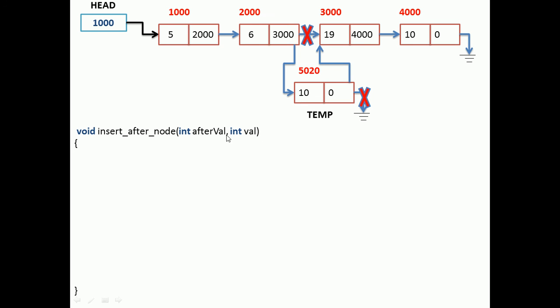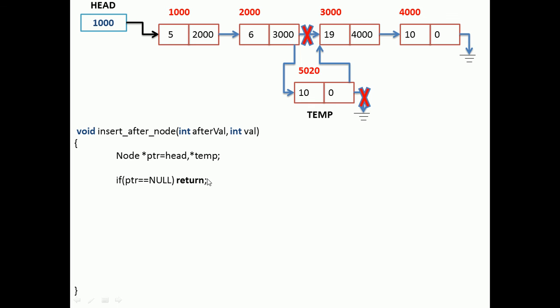After value is the value after which we want the node, and value is the value that we want to store on that node, which is basically stored in the data portion of that node. Now I have declared a pointer to node which is pointing to head initially, and declared another pointer of node type which is not initialized in this case.